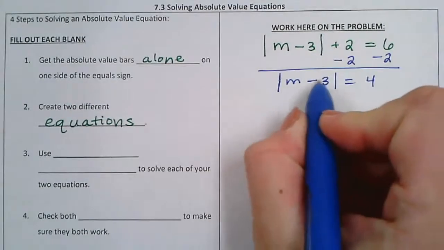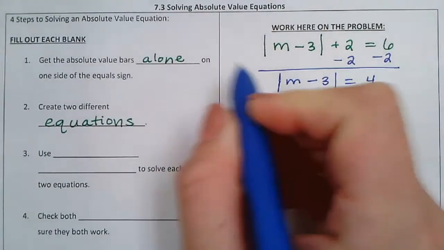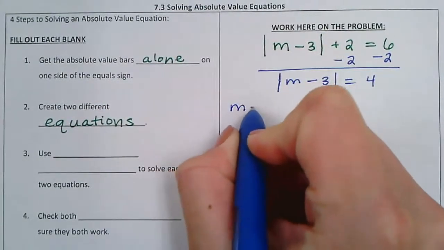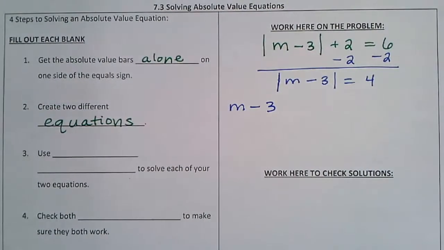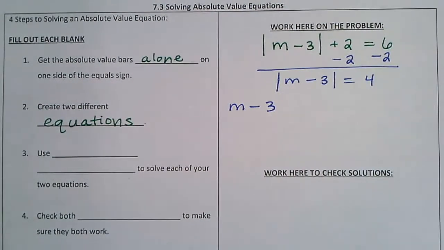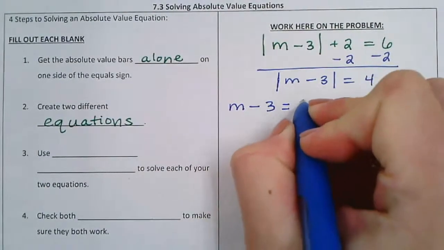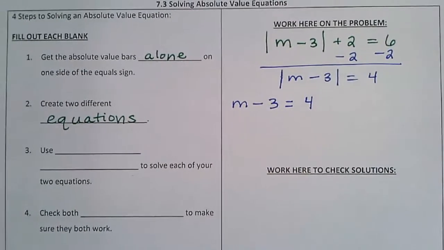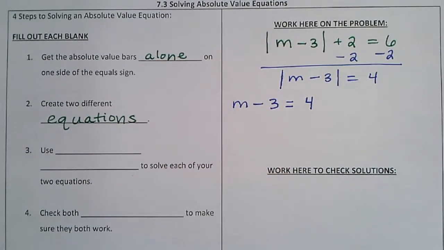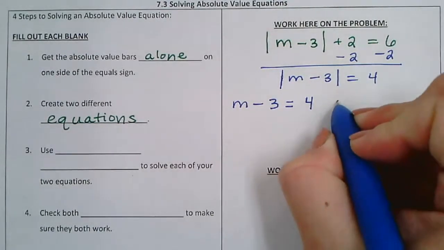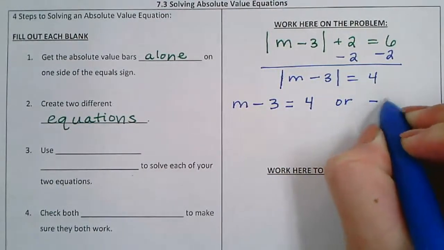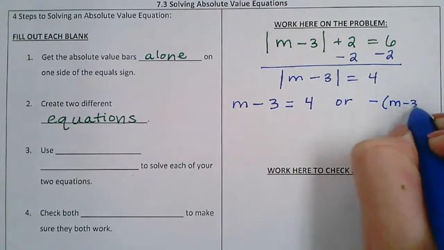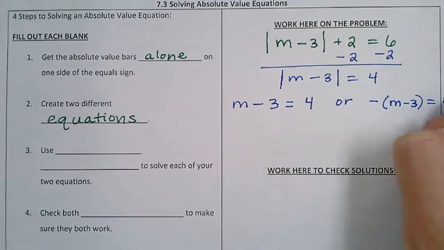So this absolute value of m minus 3 could be just m minus 3, because whenever we take the absolute value of something, it is what it is, the distance from 0, and we set it equal to 4. But we know the distance on a number line from 0 could also be the negative version of that. So I'm going to put "or the negative m minus 3 equals 4."